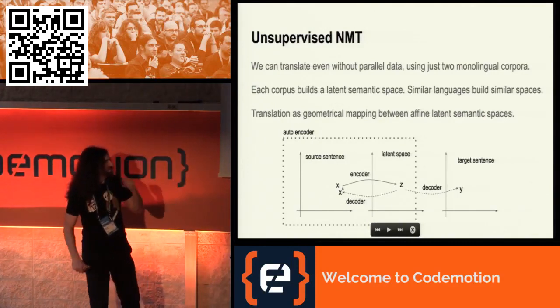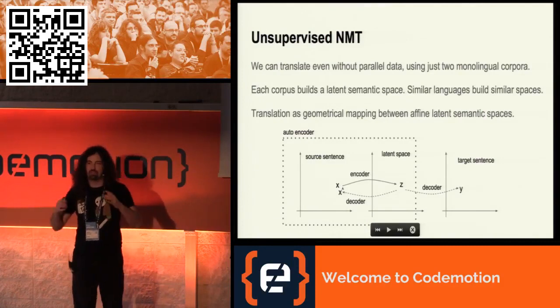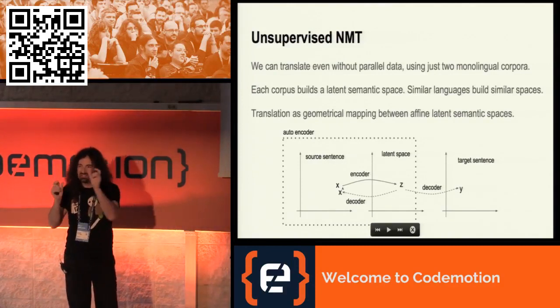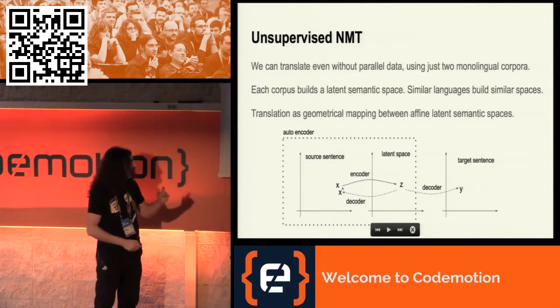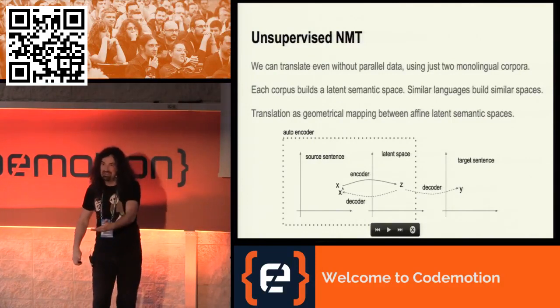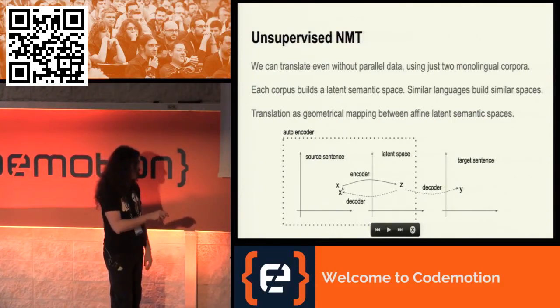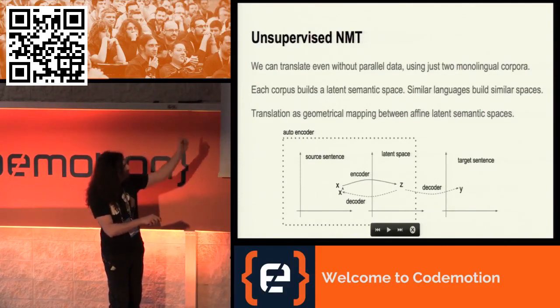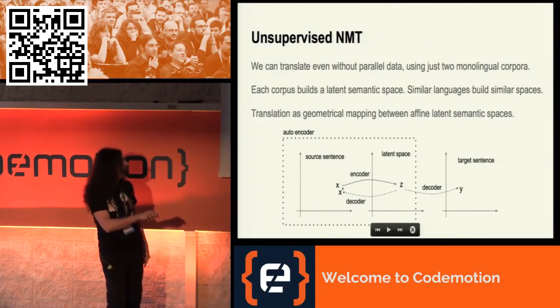The trick is that similar languages, for example English, French, Spanish, Italian, have similar grammars and similar semantic bonds, so they tend to build a similar latent space. And I can map one latent space to another, using an encoder to bring myself into the intermediate space, and using the decoder of the target language to get out of this space into a different language.